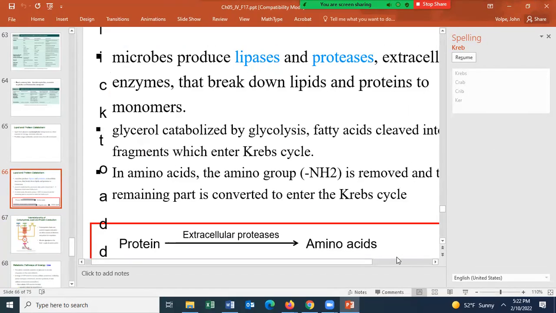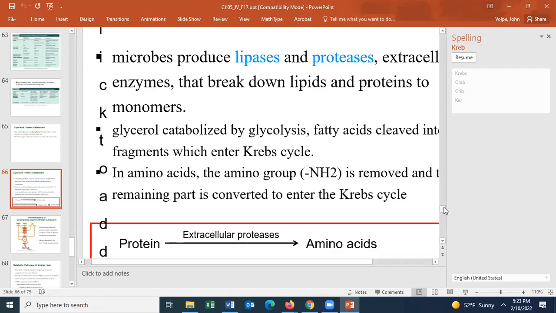What the cell does is it produces enzymes to digest the large molecule outside the cell. And then that large molecule is broken down into smaller units, the monomers. And then the monomers are brought into the cell.